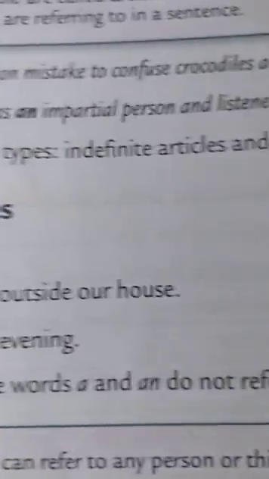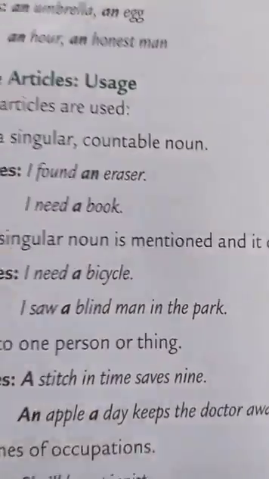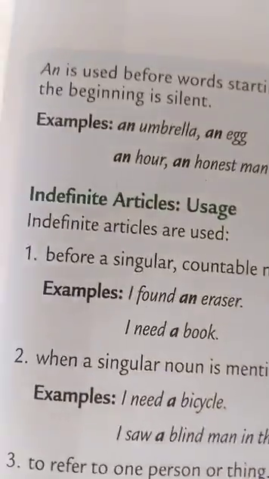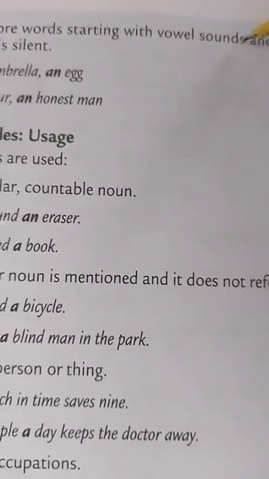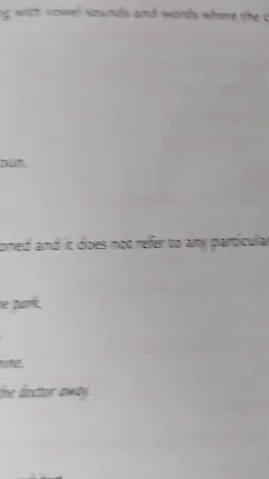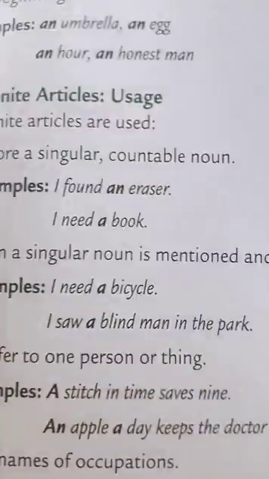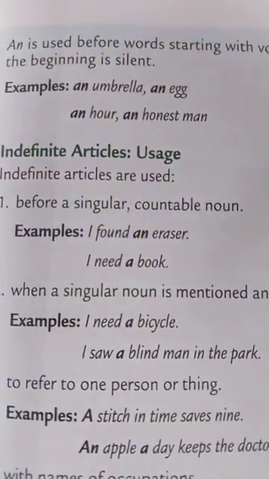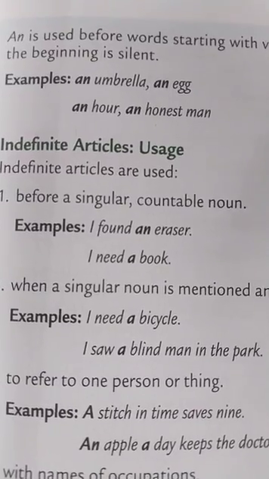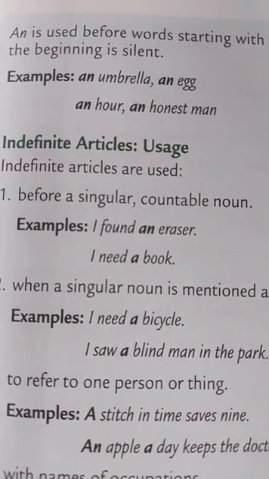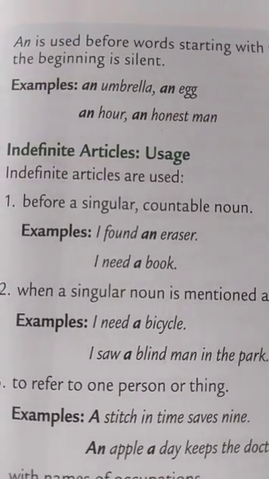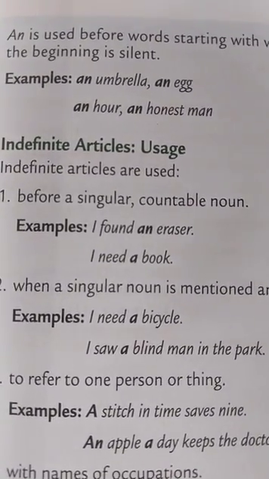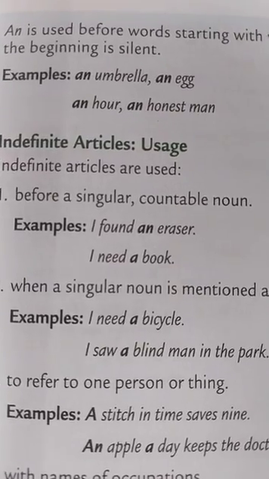Okay. Now an. Where do we use article an? Now children, an is used before words starting with a vowel sound, and words where the consonant at the beginning is silent. This means that when a word begins with a vowel sound, whether it is starting with a vowel or with a consonant, but the sound it begins with is a vowel, then before it we use an.